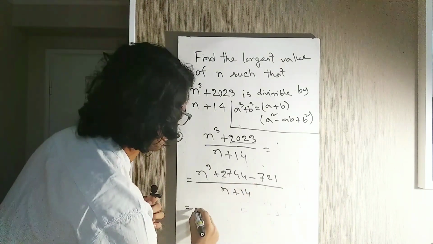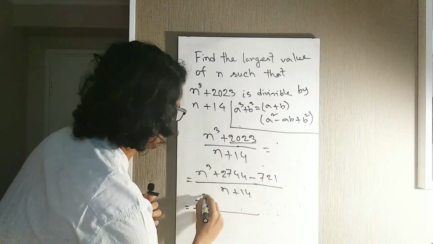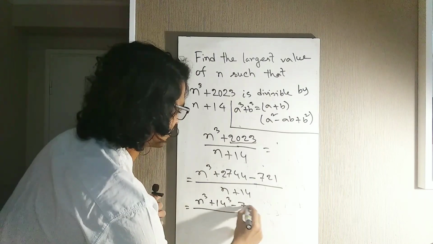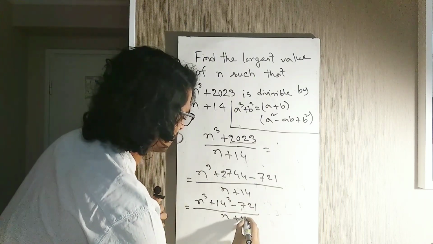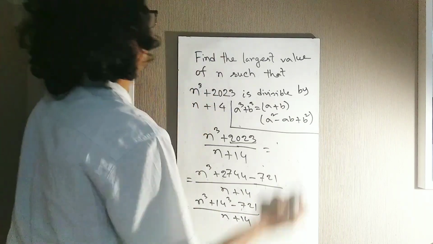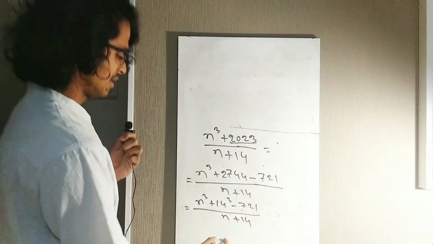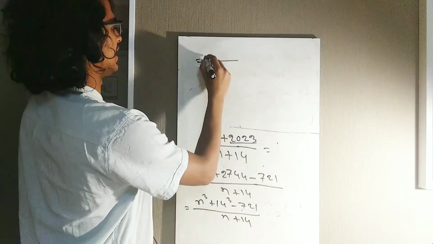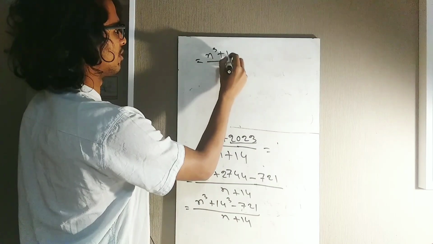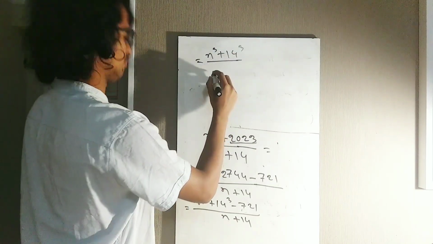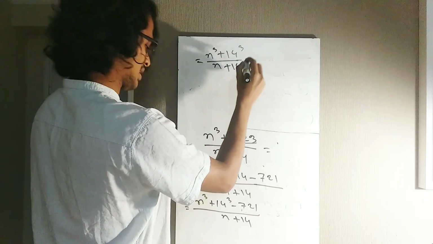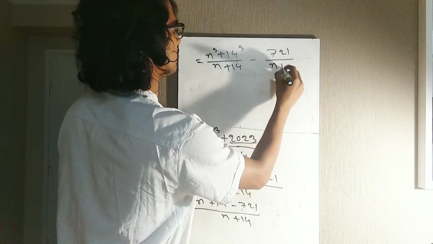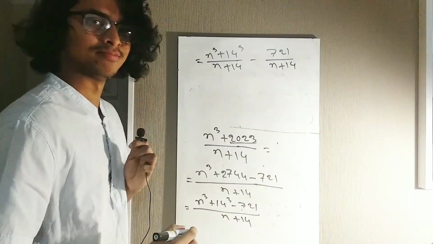Nothing other than 14 cube, minus 721, over n plus 14. Now we can write it as n cube plus 14 cube over n plus 14, minus 721 over n plus 14.